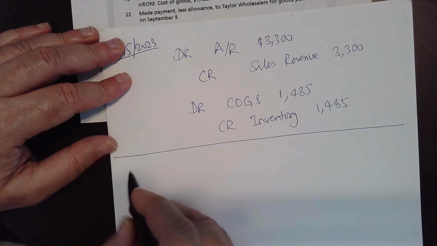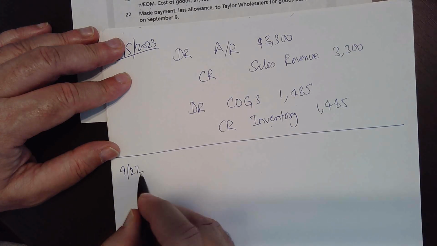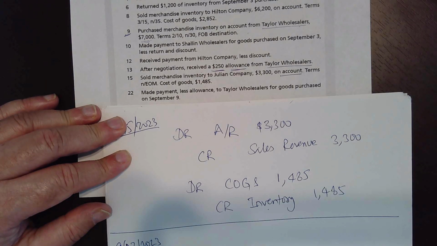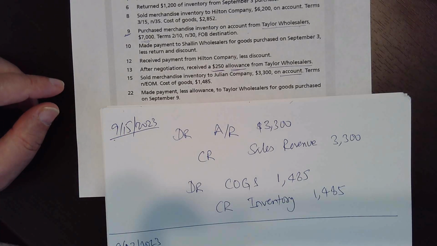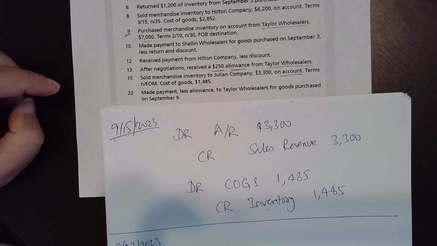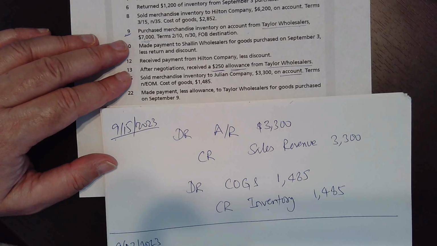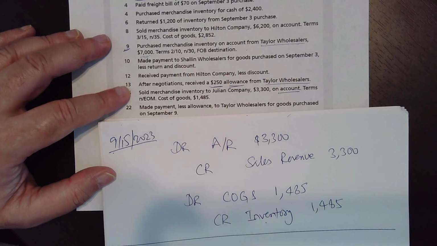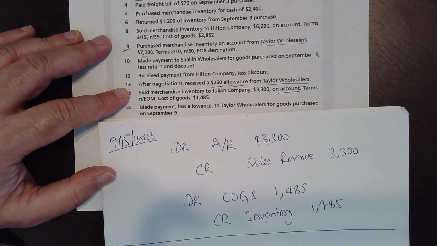Now let's go to September 22nd, and here we made payment less allowance to Taylor Wholesaler for goods purchased on September 9. So on September 9 we purchased $7,000, and on September 13 we earned a $250 allowance.